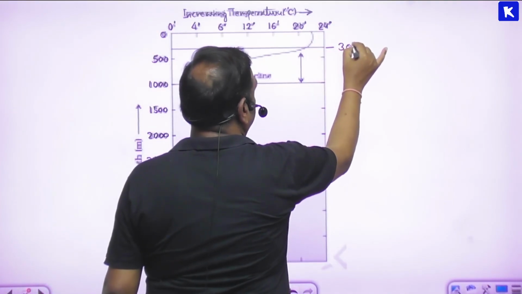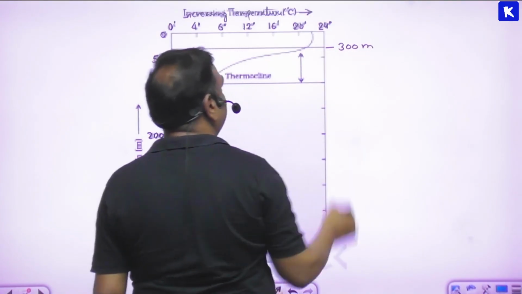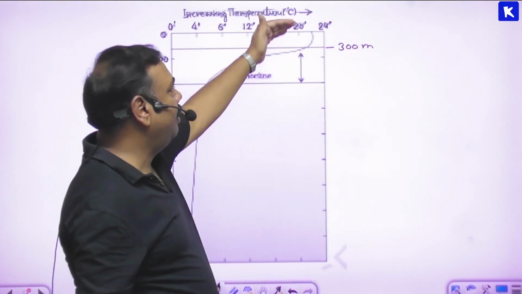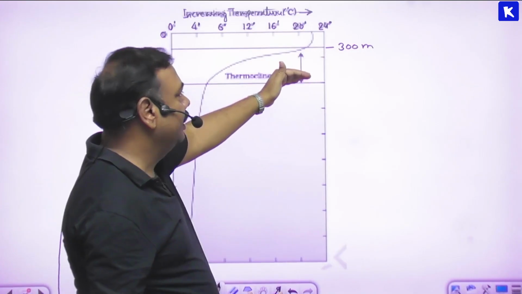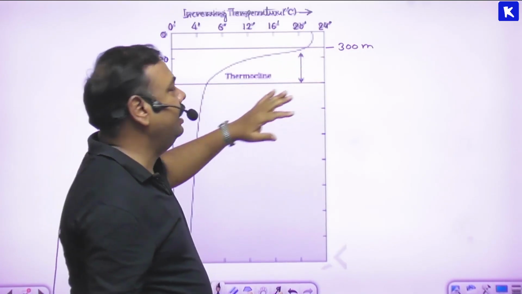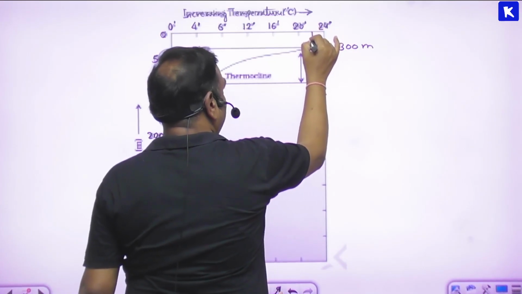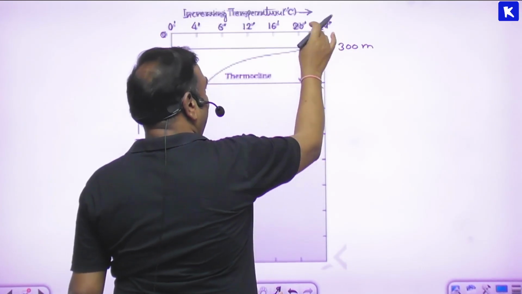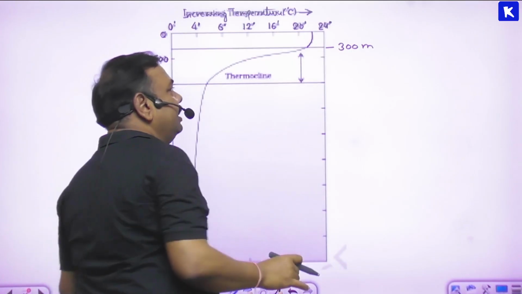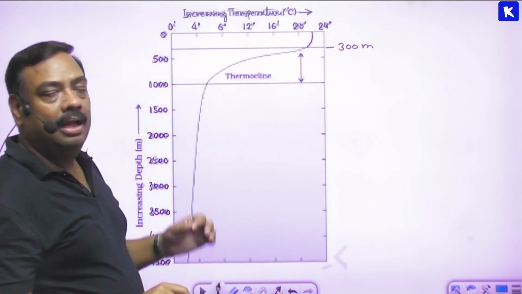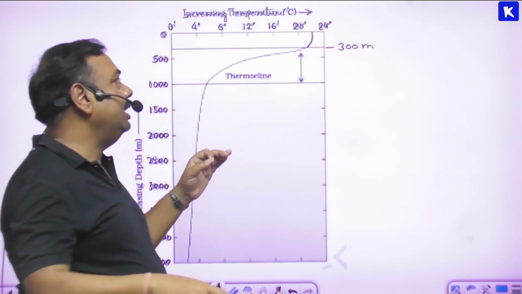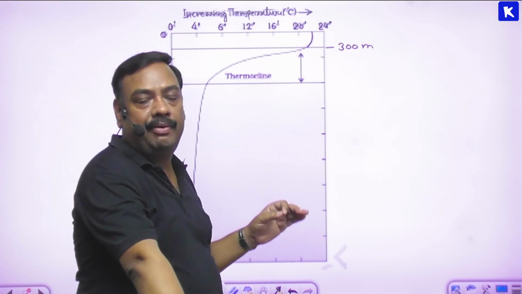Above this line, from the sea surface up to a depth of 300 meters, there is a decreasing trend of temperature, but the temperature is not decreasing at a rapid rate.